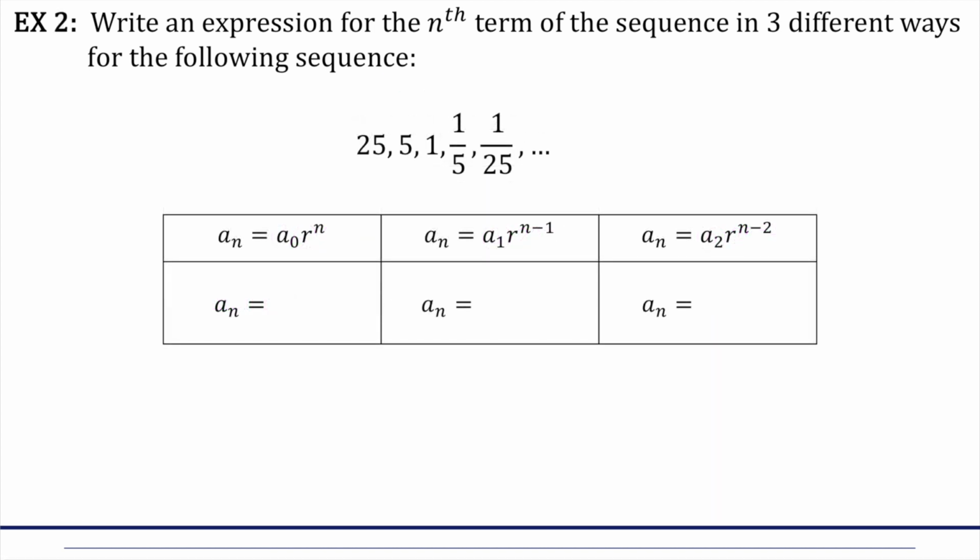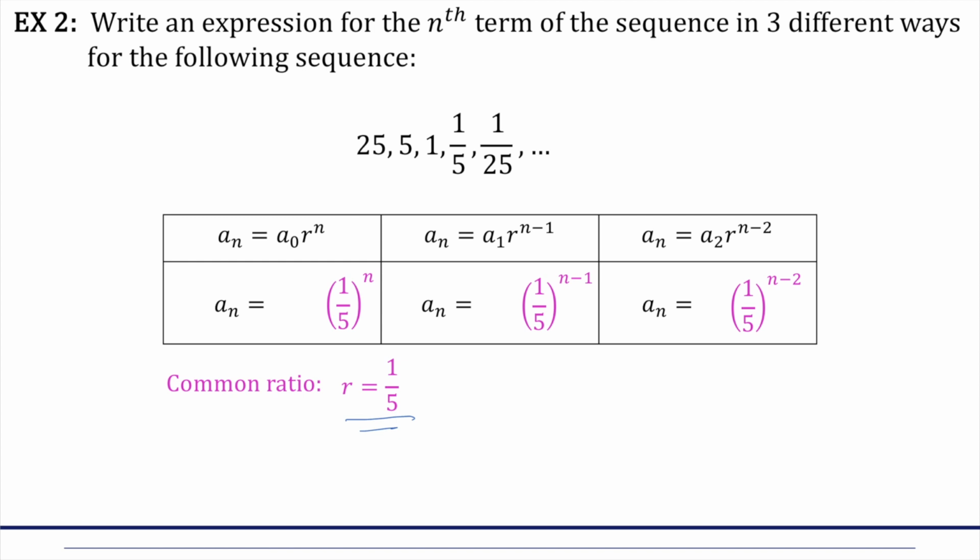Let's try another one. This time, we're getting smaller. What would our common ratio be on this one? Looks like each time we're dividing by 5 or multiplying by 1/5. So that's our common ratio, 1/5. So let's plug in each of those, okay?